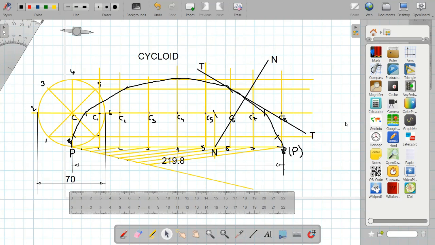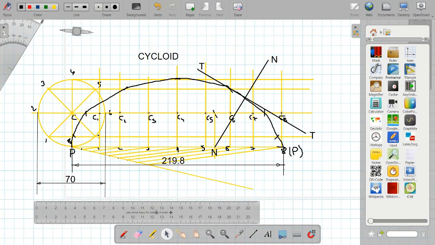Now this question is complete in all respects. I hope you have understood the construction part of a cycloid and you don't have any doubts regarding this. In the next class, we will see one more problem on the cycloid, wherein the point P will be at the top of the circle, and then we will proceed further with the involute part.